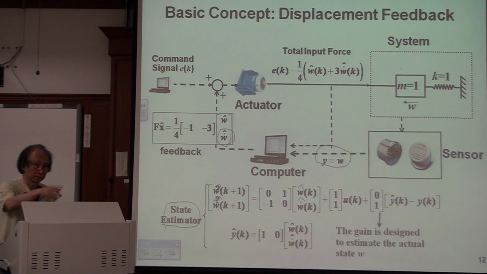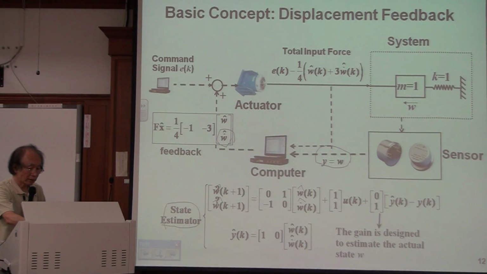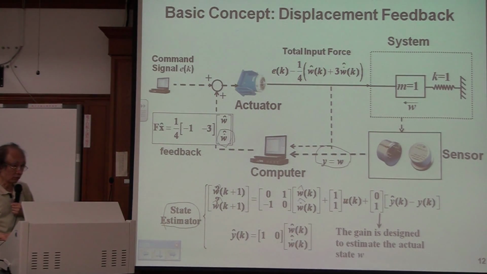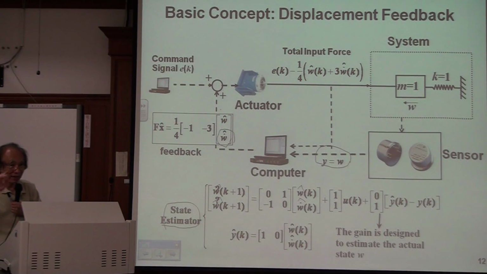Anyway. For the W, which one do we use? That's a good question. As a matter of fact, in real cases, you can use either one. But we all use the state estimate, the hat. We don't use the true one, because W hat and W dot hat give you the same level of error.